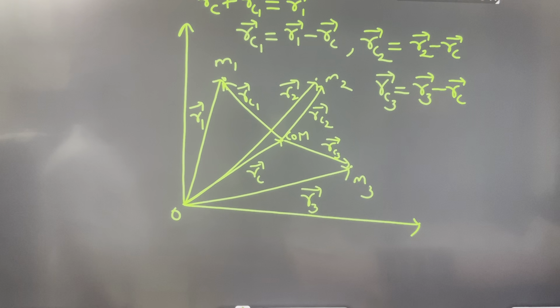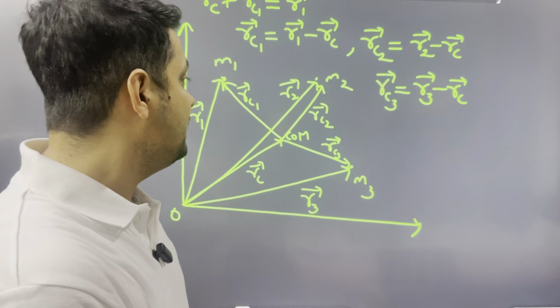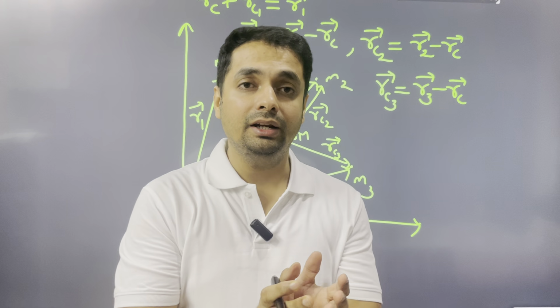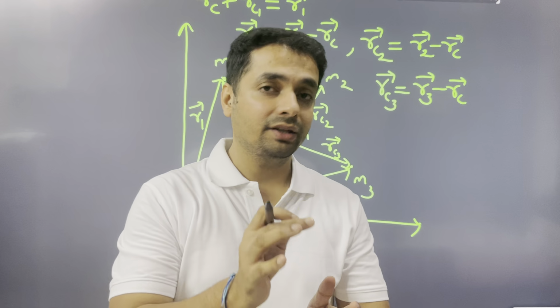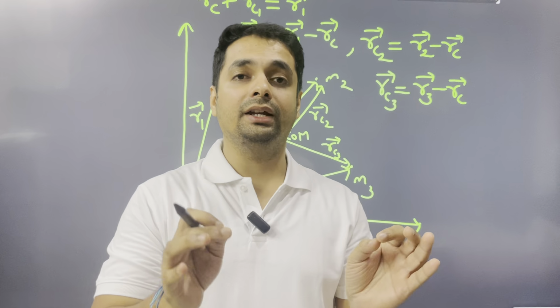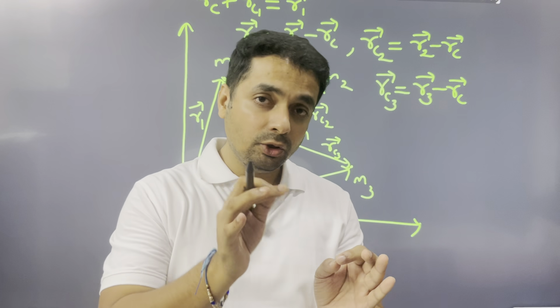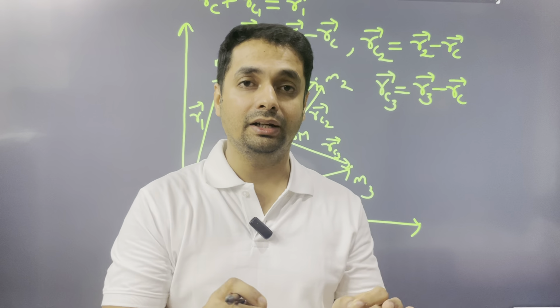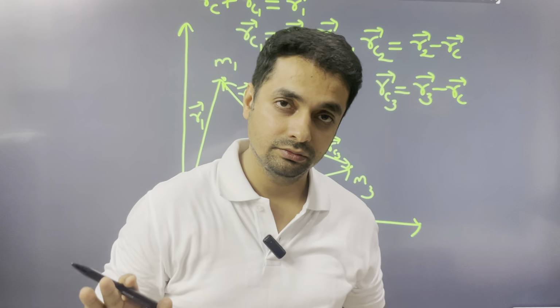Now, what will I do? Here one concept is here. If in a system of particles you consider the center of mass as a reference and you find the mass moment of different particles with respect to the center of mass, then the sum of the mass moments of all the particles equals 0. Did you understand?